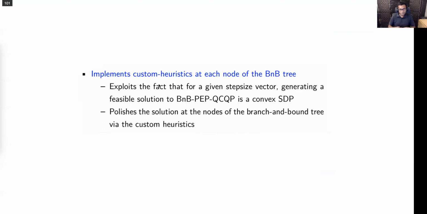It's a convex SDP. So we can query the current solution at each node of the BnB tree once our optimality gap is small enough, and take the step size vector, rather than our spatial branch and bound algorithm finding the other solutions, like the other decision variables such as Z, P, and so on. We can just compute them by solving a convex SDP and provide that solution directly at the node of the branch and bound by custom heuristics.